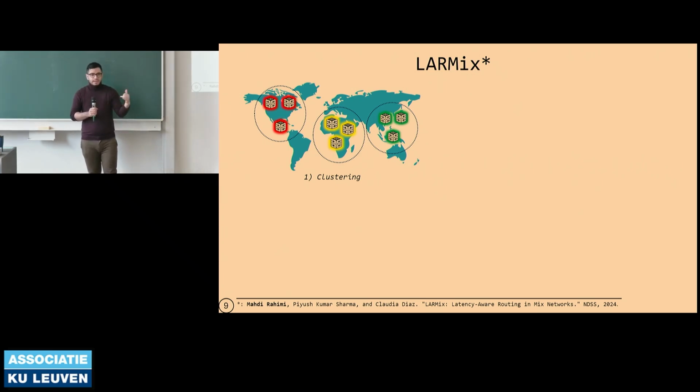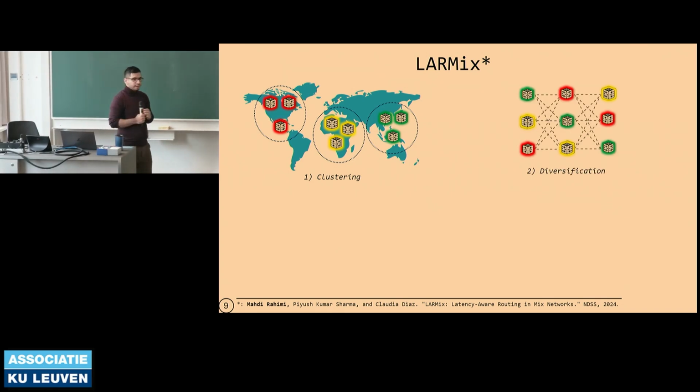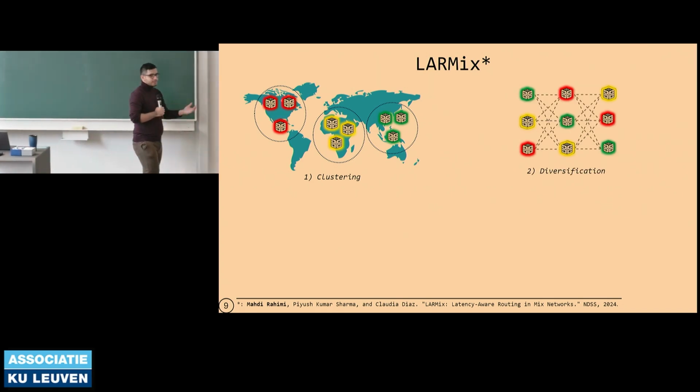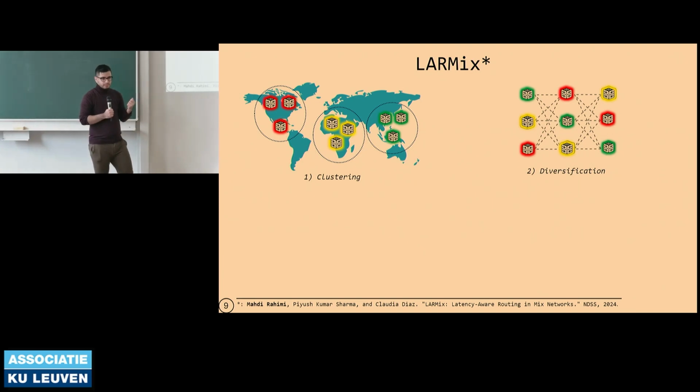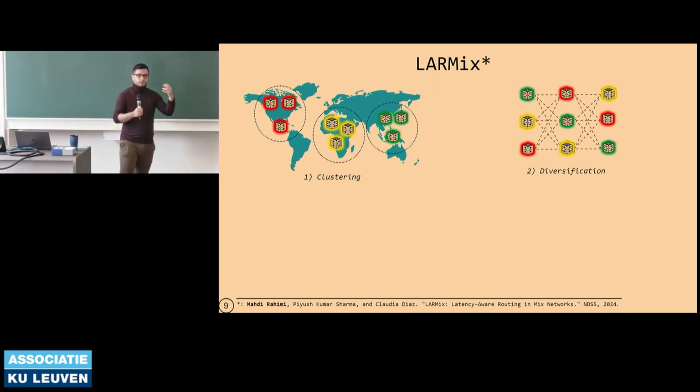Before doing that, in LARMix, we propose to cluster all the nodes. For instance, in this example, we cluster the nodes in a way that some clusters are in Asia and Africa, and another one is in America. Then, considering these clusters, in LARMix we propose a diversification algorithm that helps us make sure that the mixing layers have nodes with diverse geographical locations.